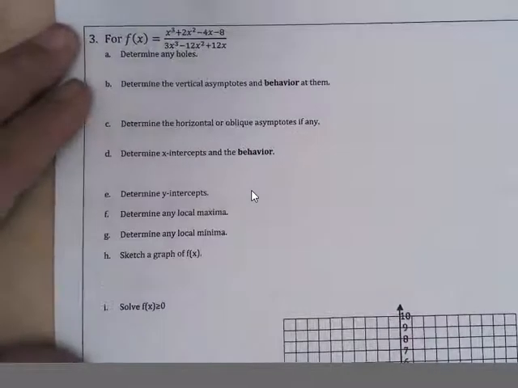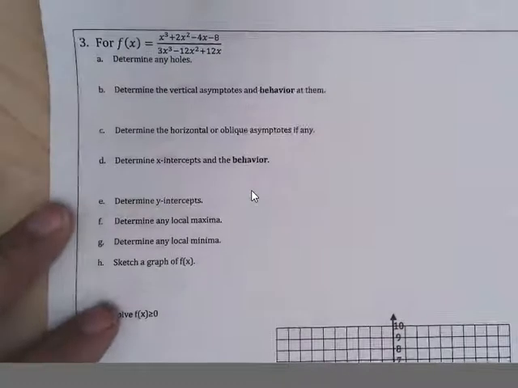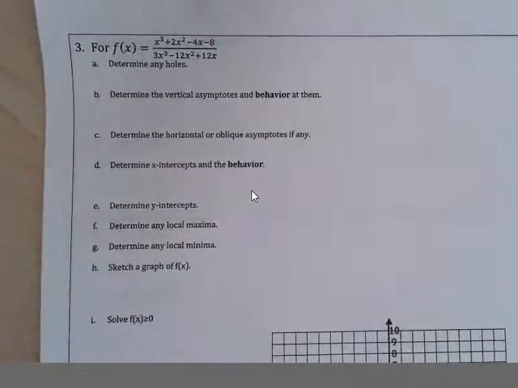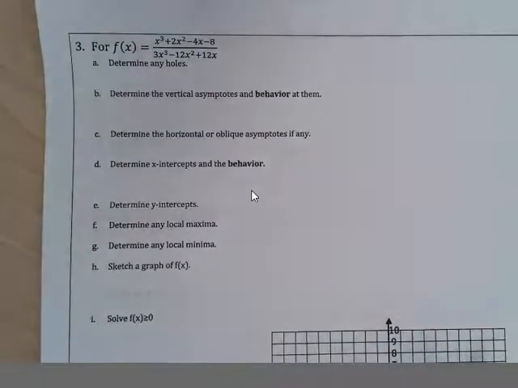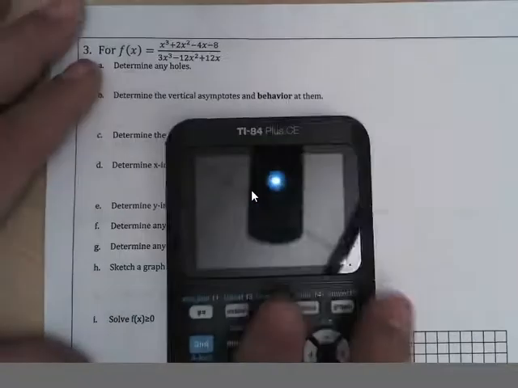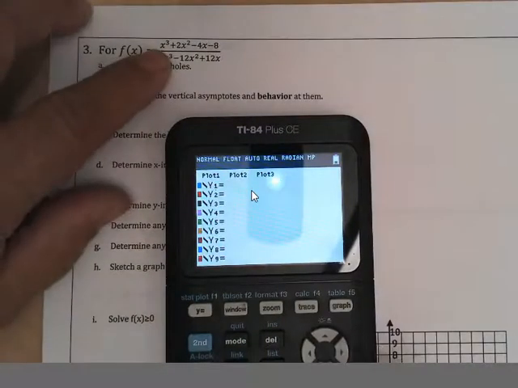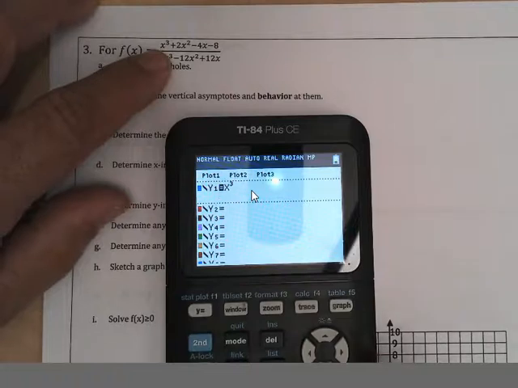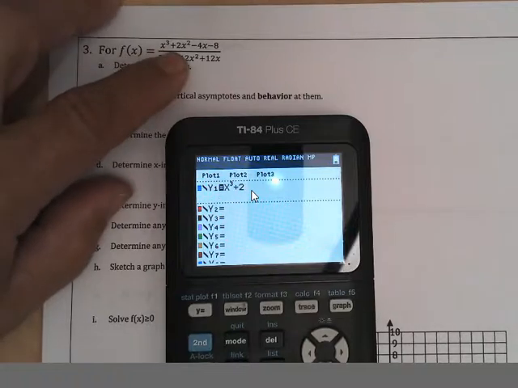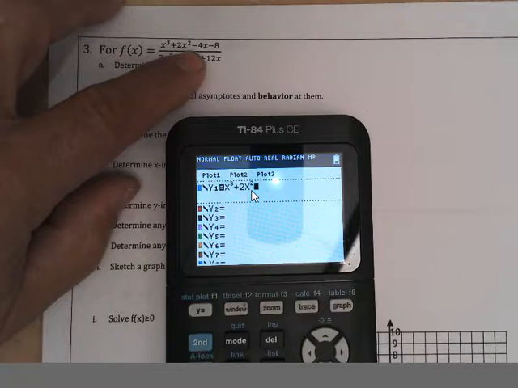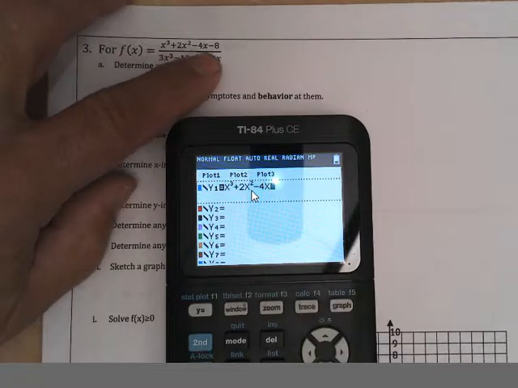Now we have one that's written in non-factored form, and we have to break it all apart. So we should probably start with graphing just the numerator. x to the third plus 2x squared minus 4x minus 8.